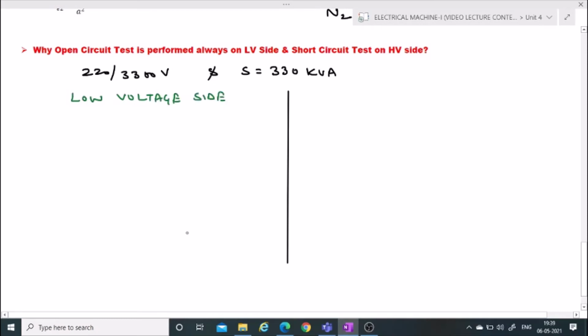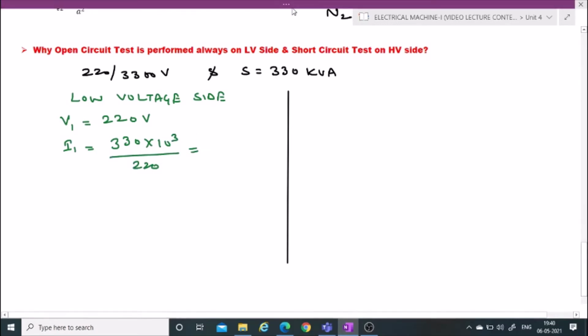If we see the low voltage side, for low voltage side V1 is equal to 220 volt. Okay, and I1 can be calculated easily from kVA, that is 330 into 10 to the power 3 divided by 220, we can take 33 kVA. Okay, example for 33 kVA, it will be much easier for calculation purpose.